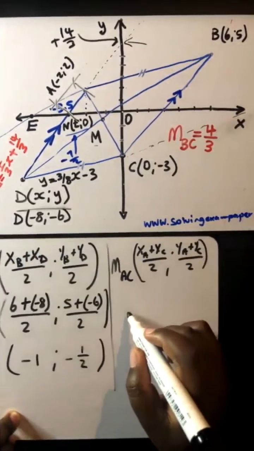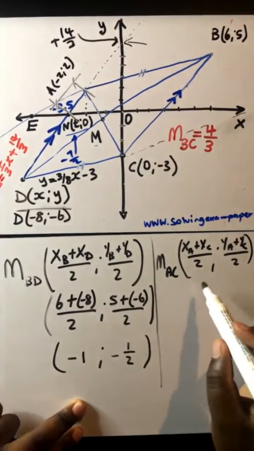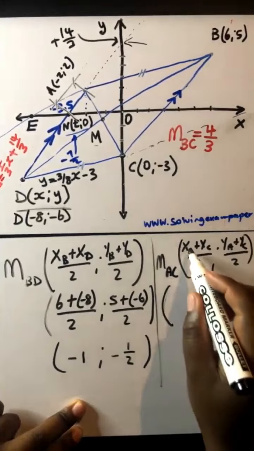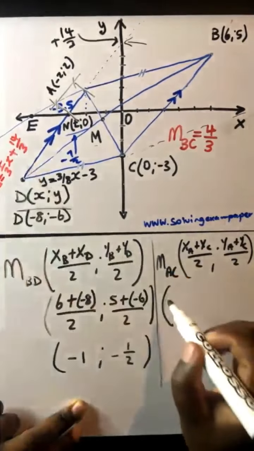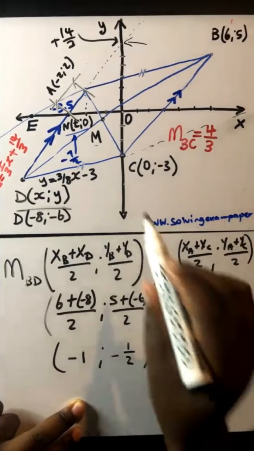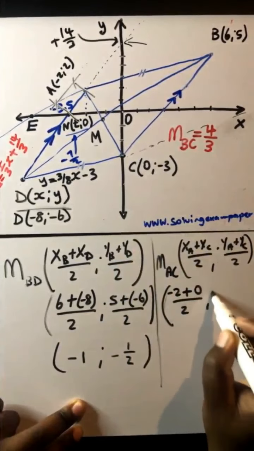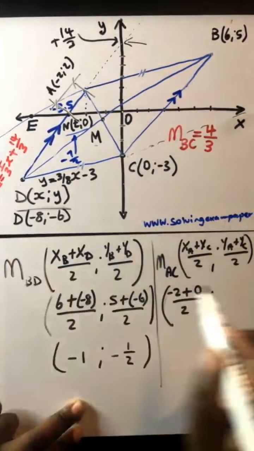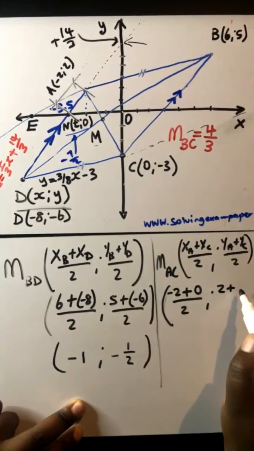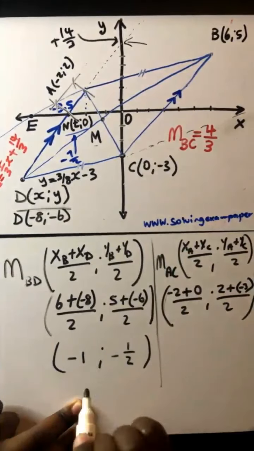Up to there, you are able to see. Then let's substitute. The x of A is -2 plus the x of C, it's 0, divided by 2. The y of A is 2 plus the y of C, it's -3, close, divided by 2, close.